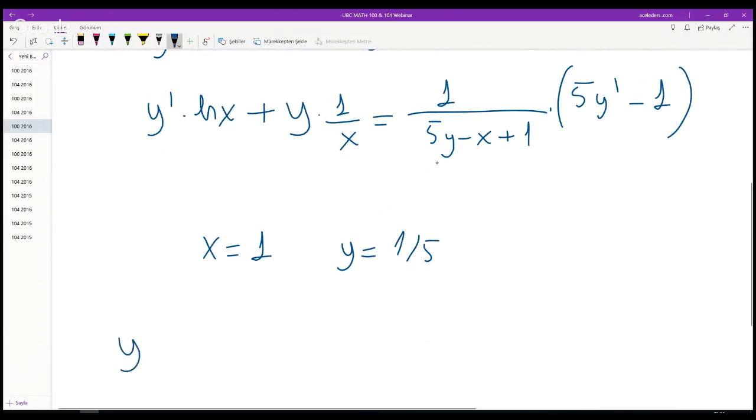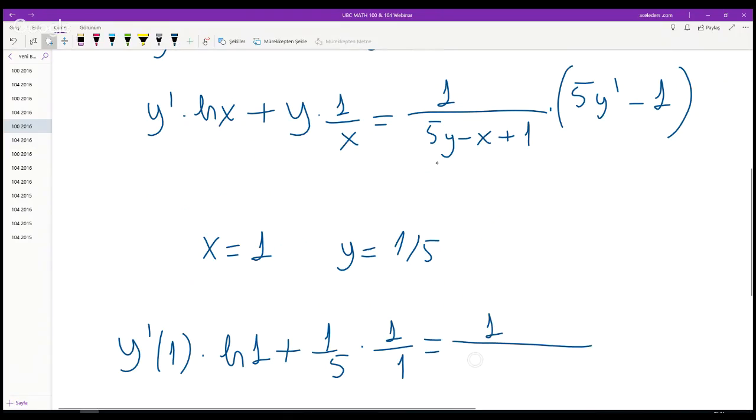So the derivative y prime when x is 1 times ln 1 plus 1 over 5 times 1 over 1 equals 1 over 5 times 1 over 5 minus 1 plus 1, times 5 y prime when x is 1, minus 1.